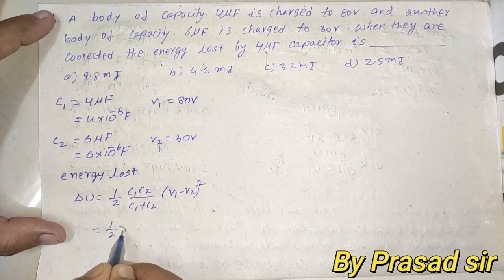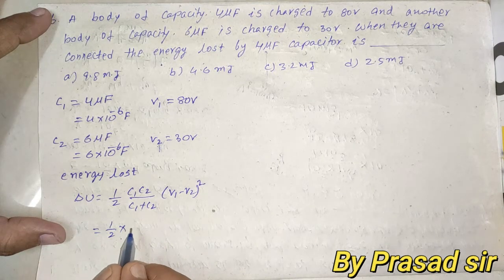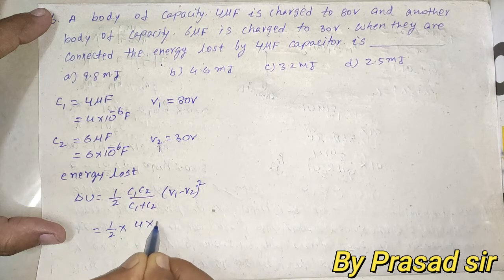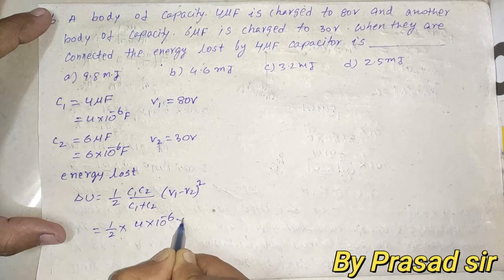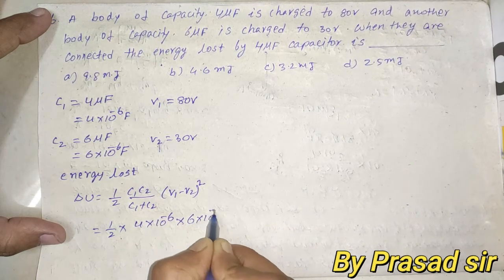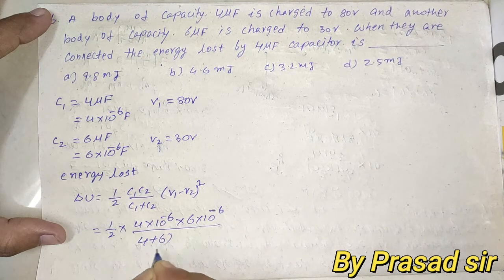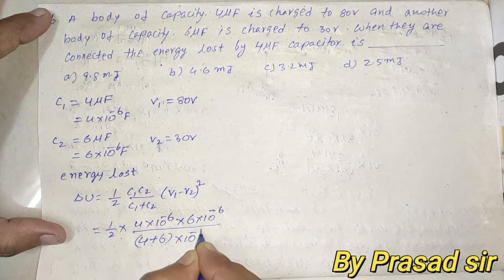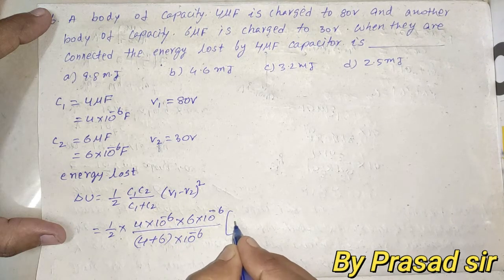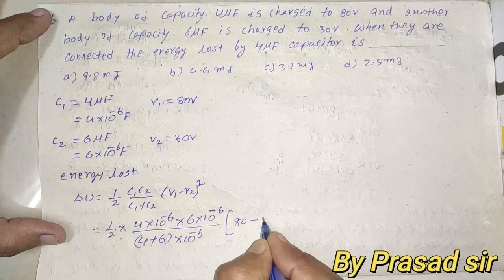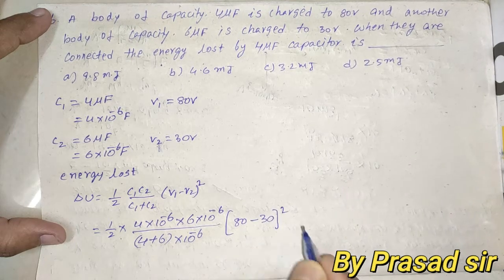So it is equal to half into C1, which is 4 into 10 to the power of minus 6, into 6 into 10 to the power of minus 6, divided by 4 plus 6 into 10 to the power of minus 6, into V1 minus V2, that is 80 minus 30, whole square.